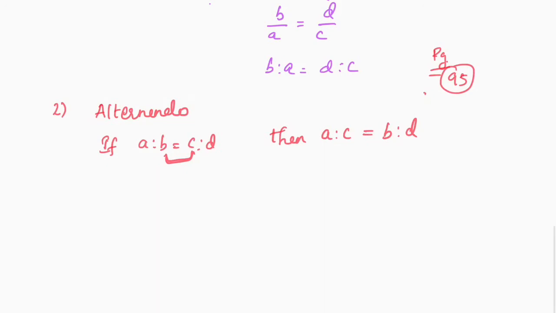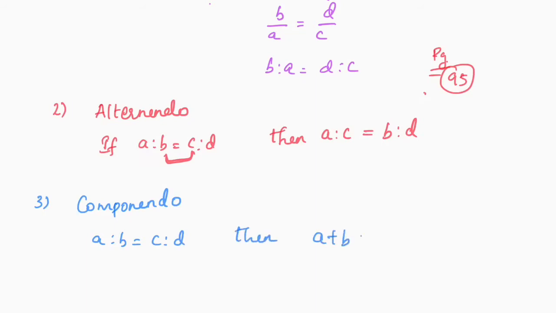Now coming to the third property. The third property is componendo. In this case, if A is to B equal to C is to D, then A plus B is to B equal to C plus D is to D. So this is how you do it.